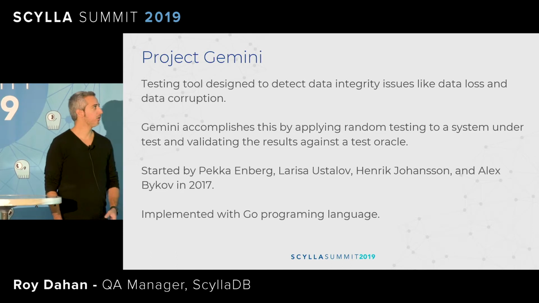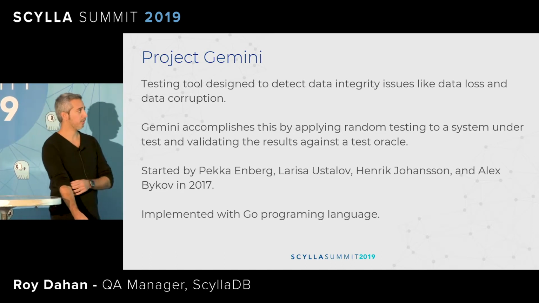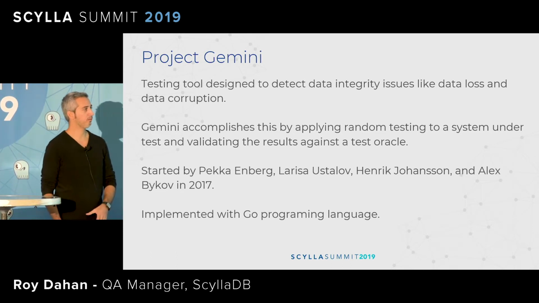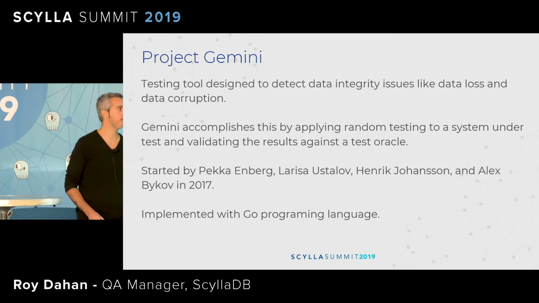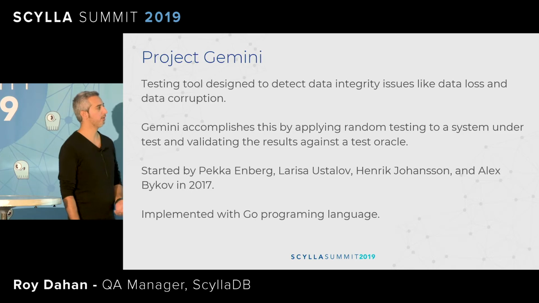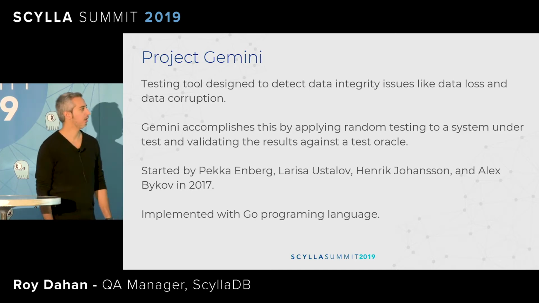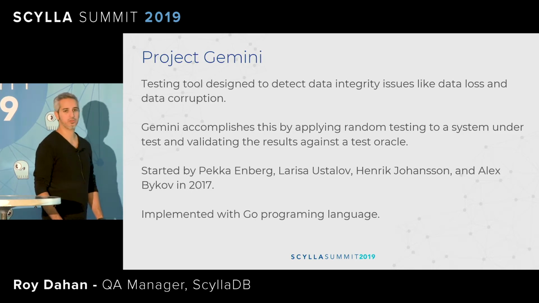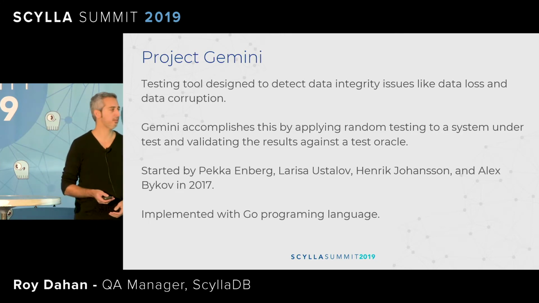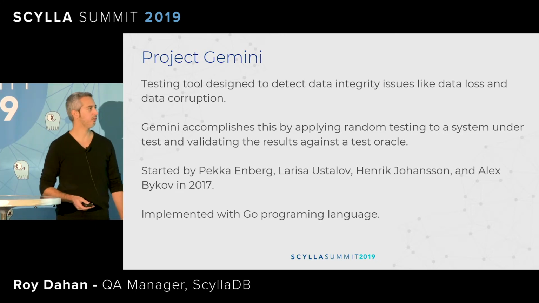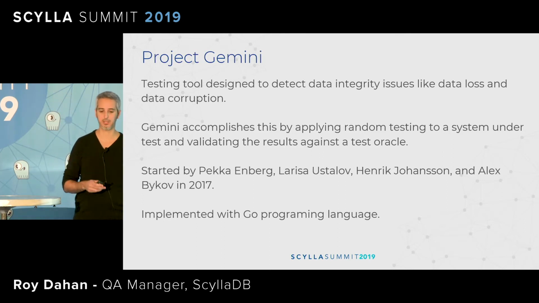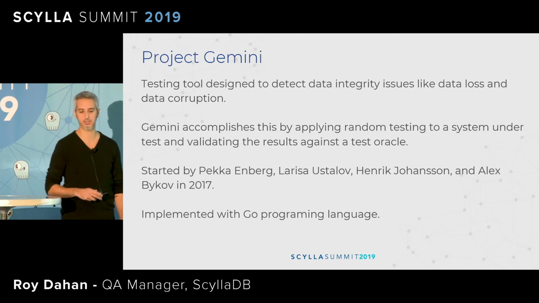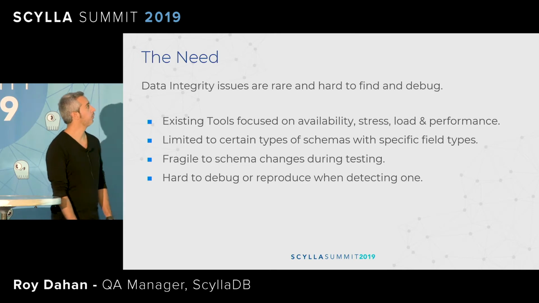We use Gemini by applying random testing on a system under test and validating the results against a test Oracle system. I'll elaborate on that. It was started in 2017 by several guys in Scylla, and it was implemented with the Go programming language.